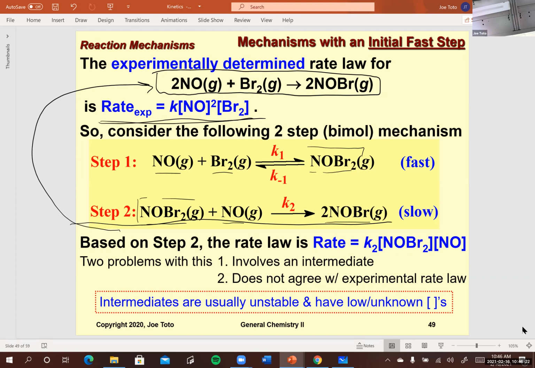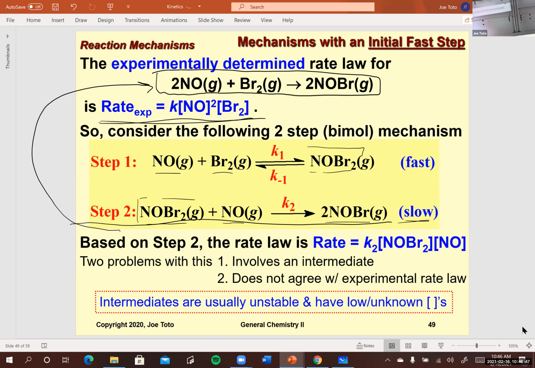I identify the slow step. They told me. In all your problems, they're going to tell you which one's the fast step and which one's the slow step, or they're going to give you relative magnitudes of rate constants or activation barriers for you to infer which one's slow and which is fast.